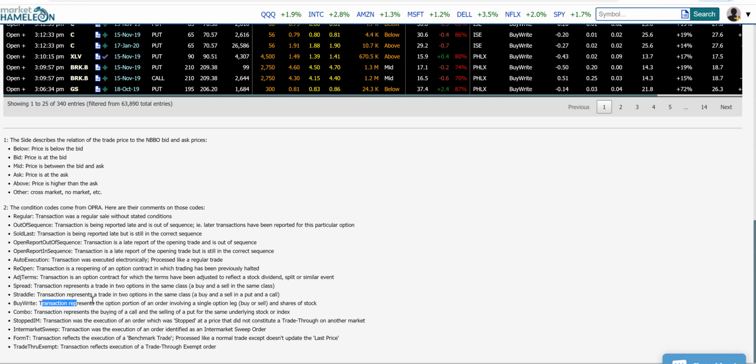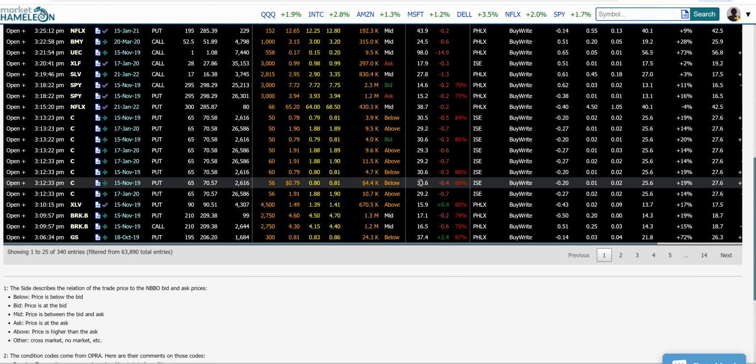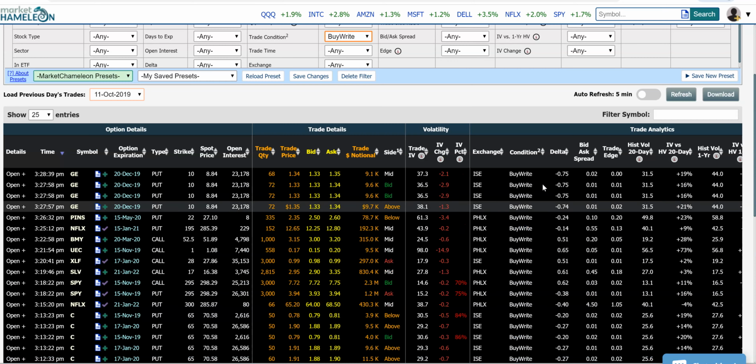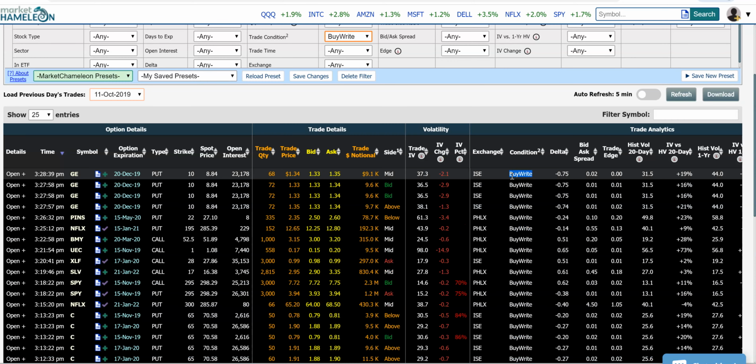So see here, transaction represents the option portion of an order involving a single option leg, buy or sell, and shares of stock. So over here, since it says buy right, there is a stock component to it. It doesn't necessarily mean that it's 1-for-1.